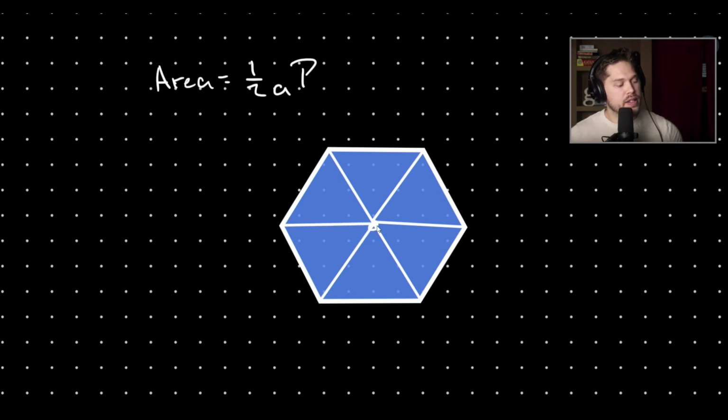Here, let's make the center point even bigger so that it just looks a little bit cleaner. And now we have a bunch of triangles, and we like triangles. We know the area of a triangle. The triangle area formula is what? Well, it's 1/2 times our base times our height.